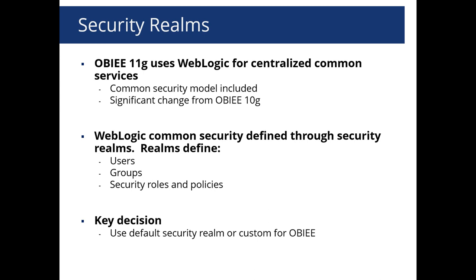So users are defined within the context of a realm, so are groups, and so are attributes with regard to the password lockout or password attempt policy, whether or not you're going to be locked out after 3 attempts or 5 attempts, etc. A very key decision, and this goes back to that install and run situation that we commonly walk into, is the decision to either use the default out-of-the-box realm that OBIEE comes with, or to create your own.